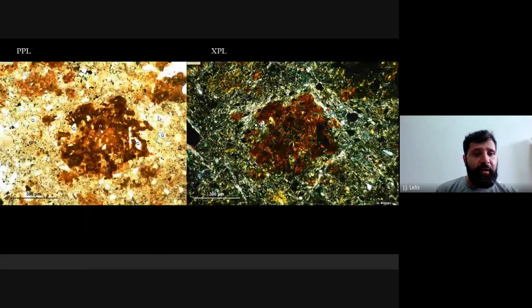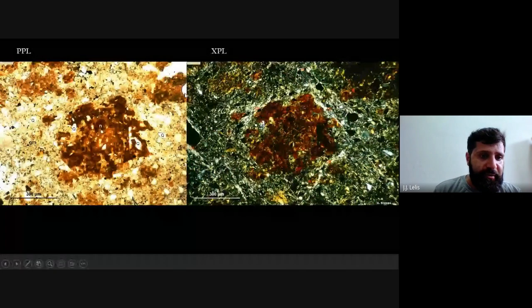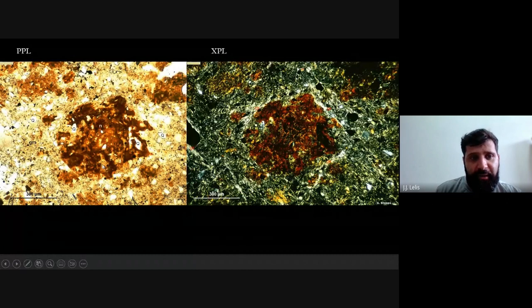Let's see some of them. Okay, this is a specific nodule, a pedo feature that can easily be seen in PPL and XPL and expresses an increase of iron content in comparison with the rest of the thin section or the fabric of that horizon.